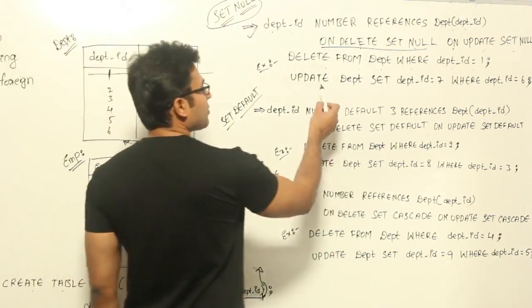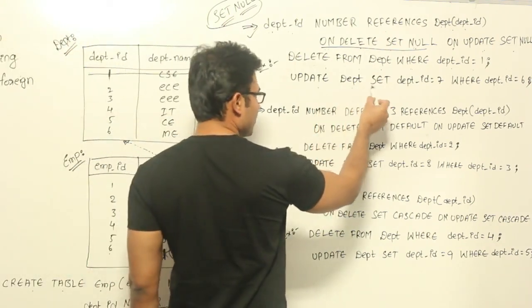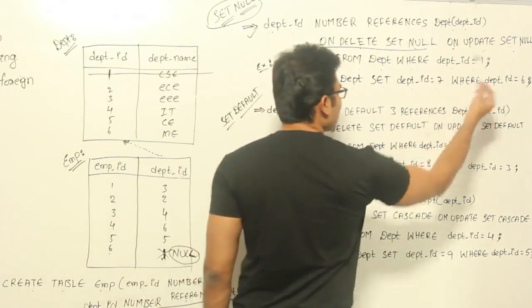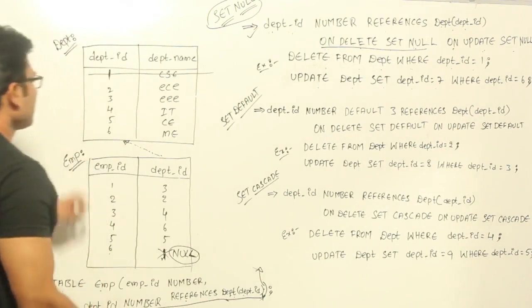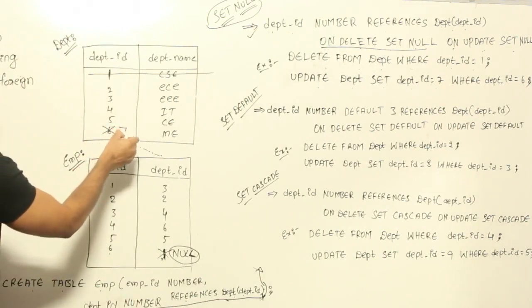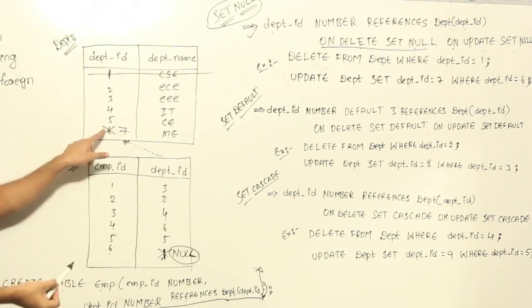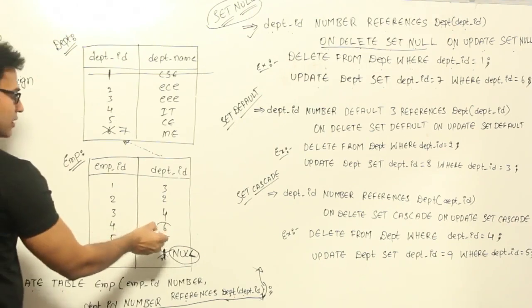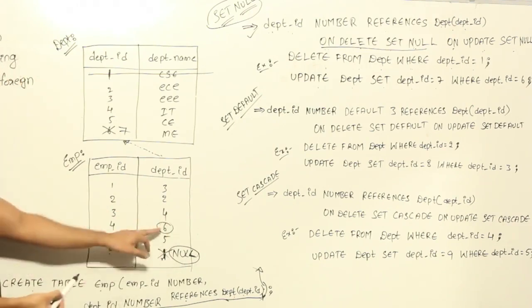Now let us say you are updating: update department, set department ID equal to 7 where department ID equal to 6, which means wherever department ID was 6 is now made 7. Now who will get affected? All the employees who are present in department number 6. Now how to deal with that?